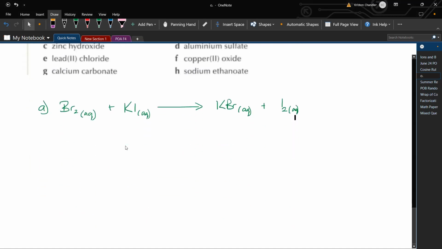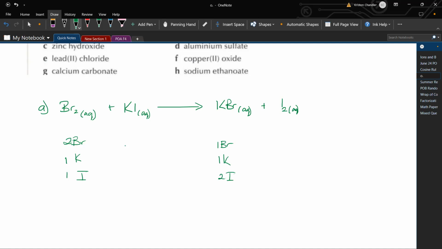We said that we need to check the number of atoms on either side of the sign. So we have one Br, one K, one I. On this side we have one K, one Br, and two I's. We should always start by looking at the one closest to the arrow.